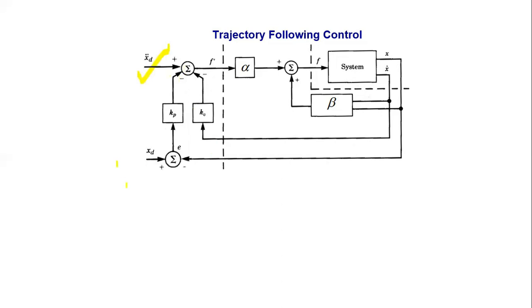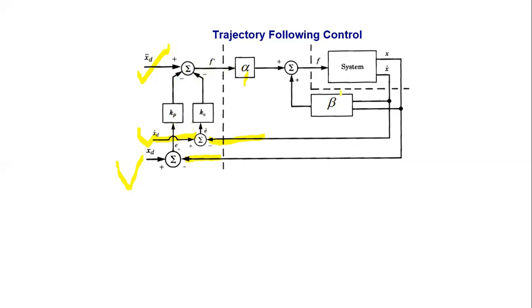position at this location, and velocity at this location, and you calculate the error between the prescribed position and the measured position, and the error between the prescribed velocity and the measured velocity. If you multiply the position error by kp and the velocity error by kv, and take the algebraic sum of the signals, you calculate f dash. Then multiply f dash by the term alpha.